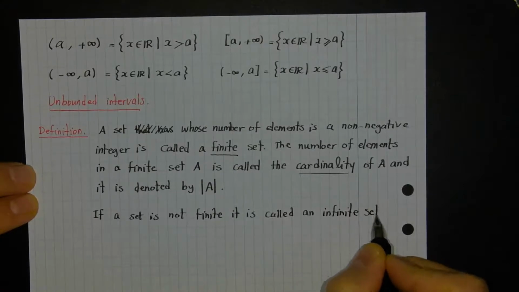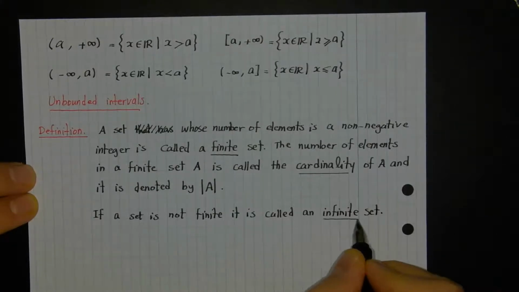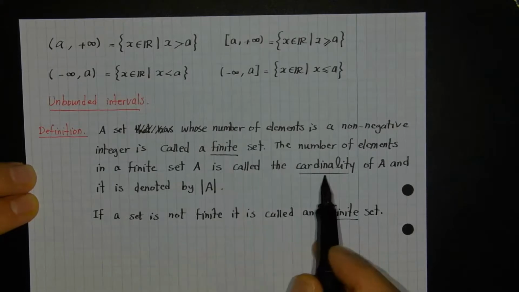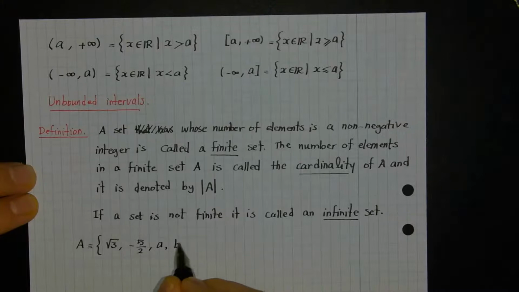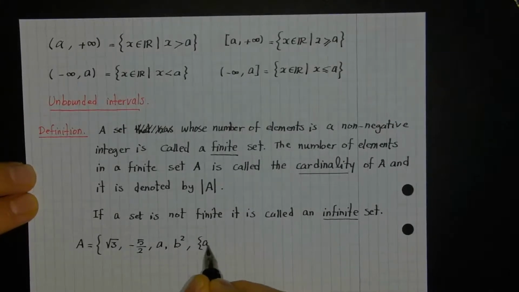So these are the words that are introduced in the book that I want you to know: finite, cardinality, and infinite. For example, if I have A equals square root of 3, minus 5 over 2, A, and for example B squared.